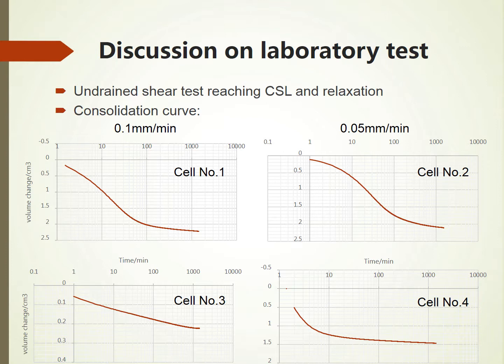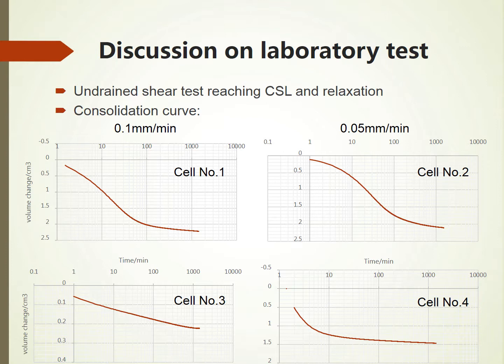So you are the experts on this part, and I need your advice. The test is a triaxial shear test reaching the critical state line and then relaxation. It is a test needed by Chen Zhihui's method for calibration that I mentioned previously. I did them for the first time.